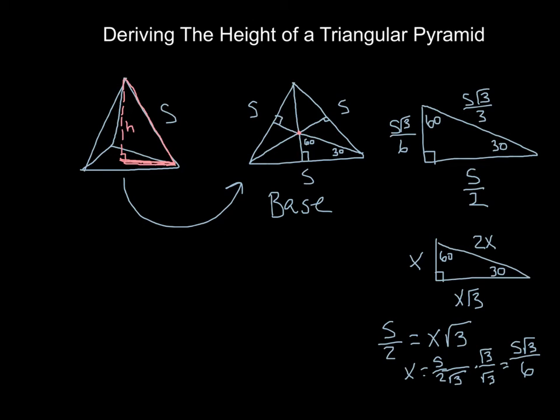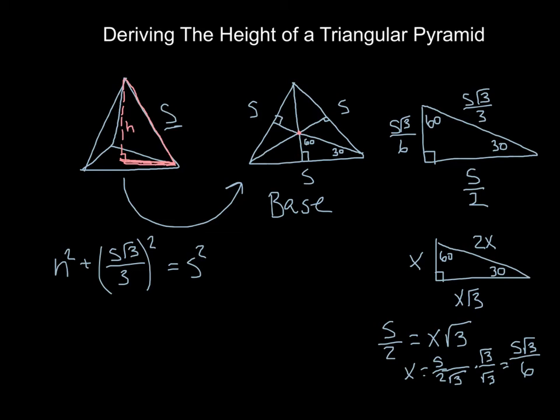Remember, it's side 1 squared plus side 2 squared equals hypotenuse squared, a squared plus b squared equals c squared. We've seen it a lot of different ways, but basically in this case it's going to look like this. h squared plus (S root 3 over 3) squared equals, now this third side was the easy one. That's just the S. So that's just going to be S squared.